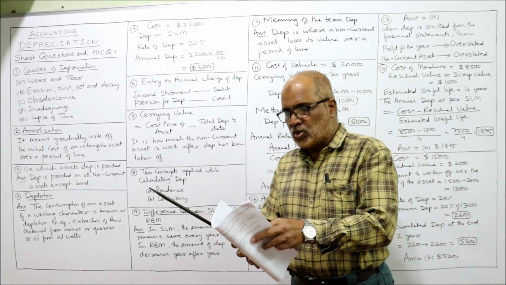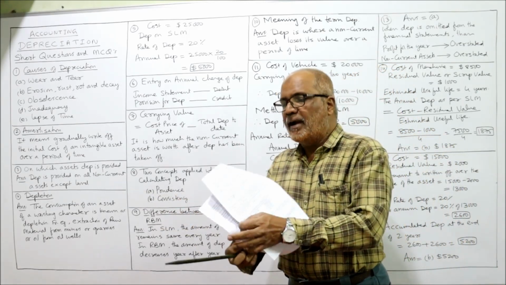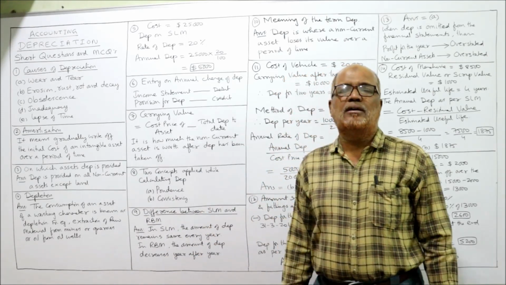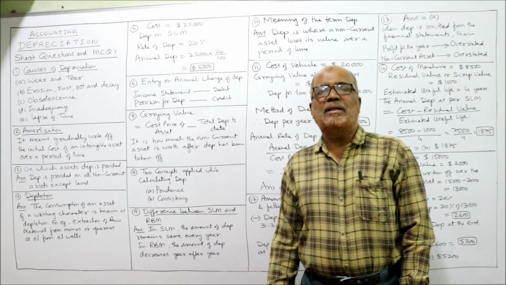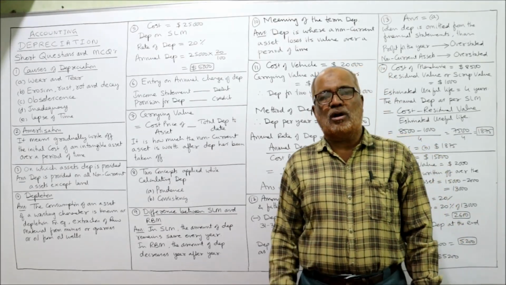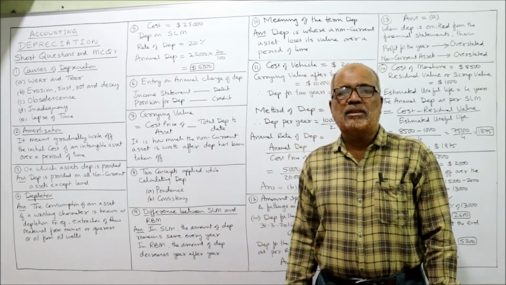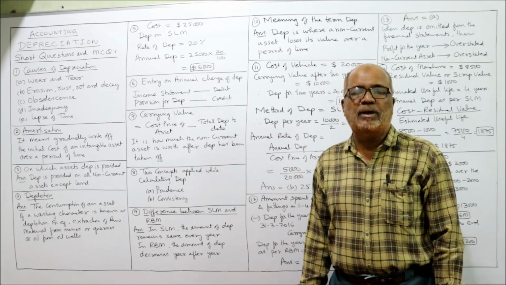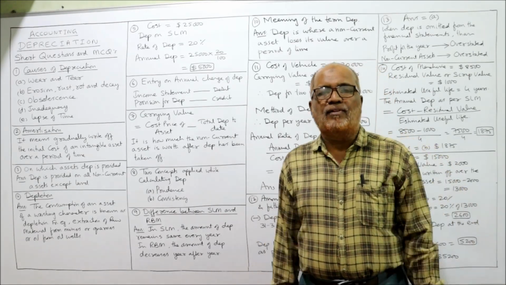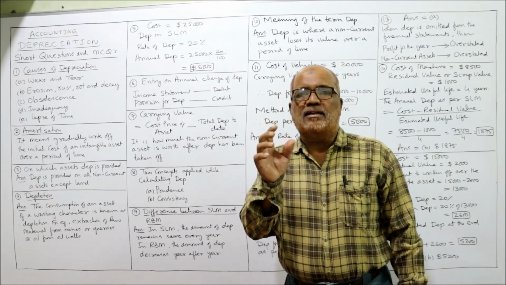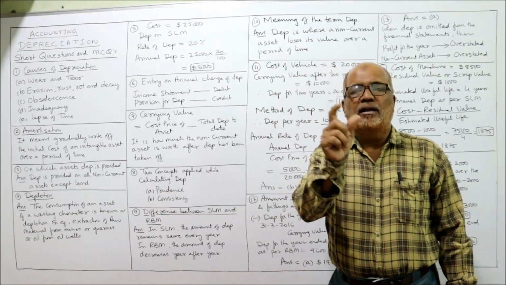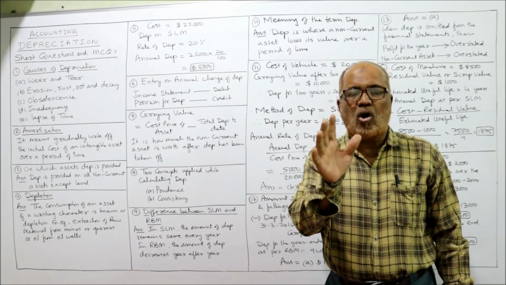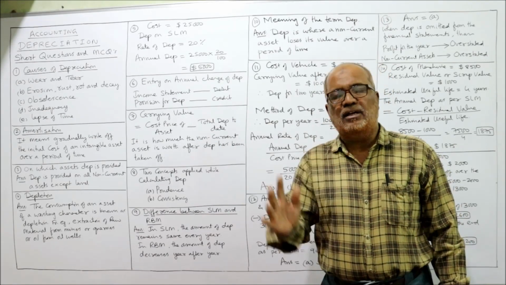Next, ninth question. Explain the main difference between straight line method and reducing balance method. The two important methods of calculating depreciation are straight line method and reducing balance method, SLM and RBM. What is the main difference? In SLM, the annual amount of depreciation will remain constant year after year.